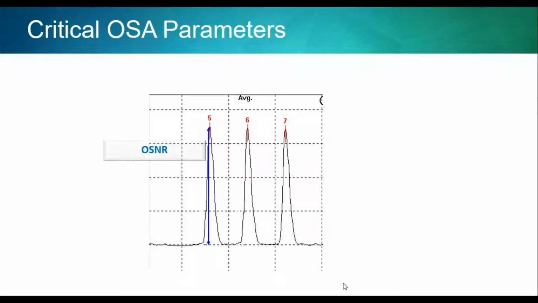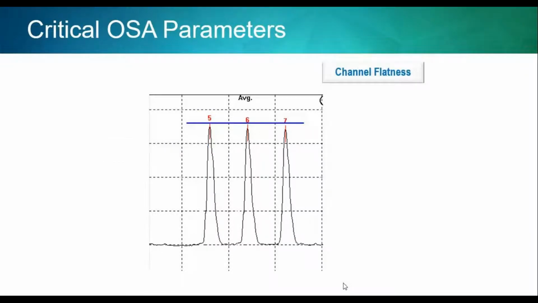The OSNR, of course, is basically looking at the ratio between the signal and the noise floor, and the channel flatness, so how the signal is impacted through amplification. That's really relevant, especially in the long haul system, in terms of how flat it is, because if there are some imbalances, then that creates some other challenges down the road with regards to how the noise affects the overall performance of the system.